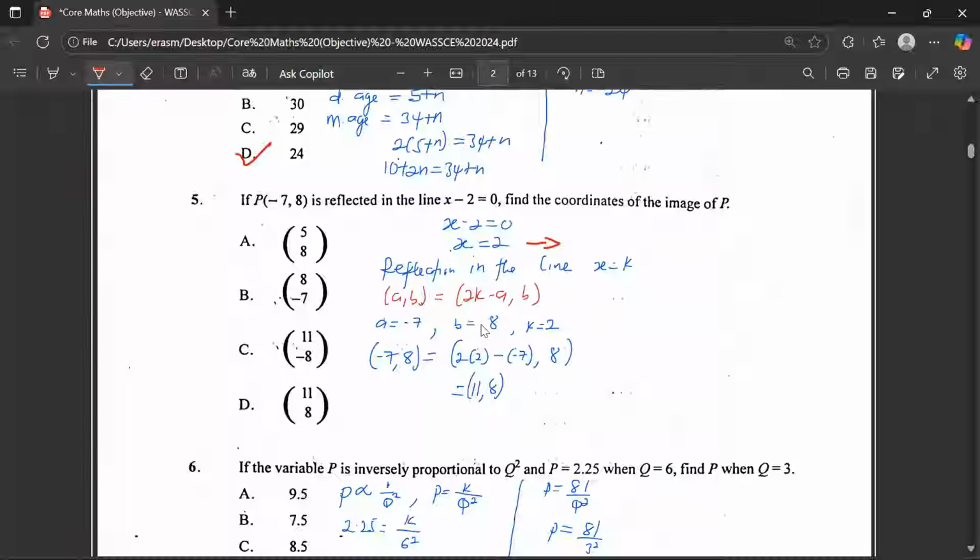And then the image is going to be what? 2k minus a for the x component and then b for the y component. So from the question, we can see that a equals -7, b equals 8, and then k equals 2, right?